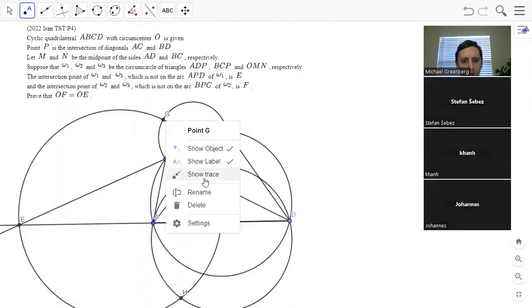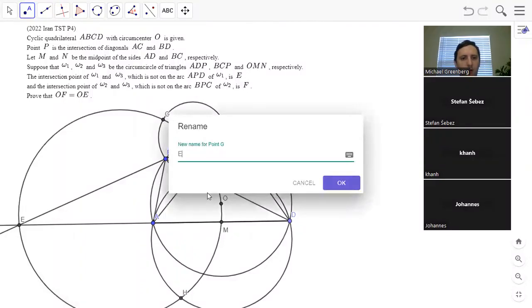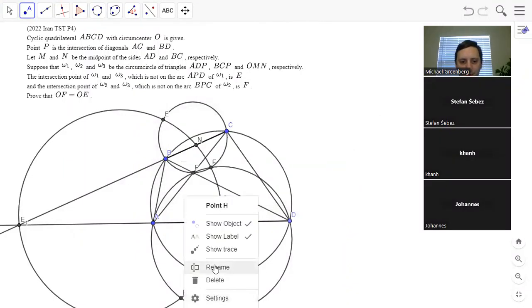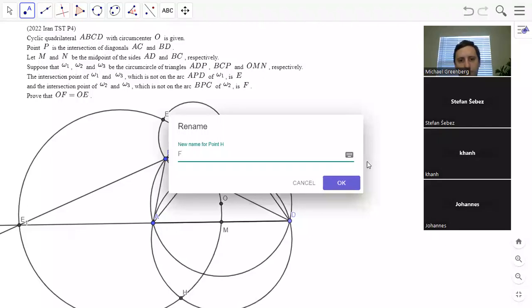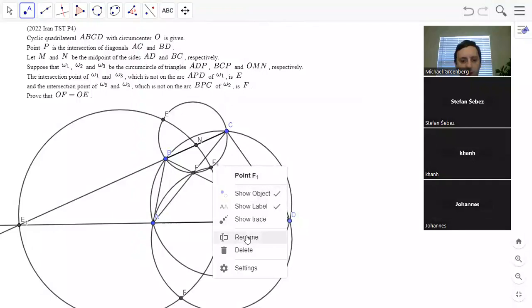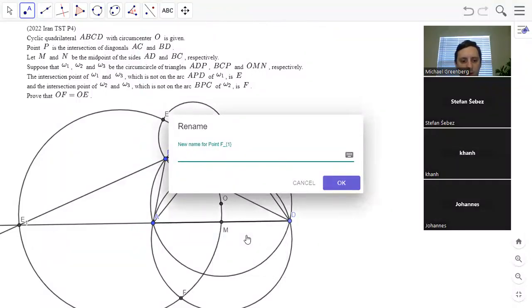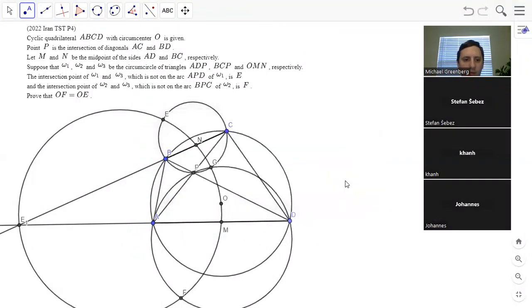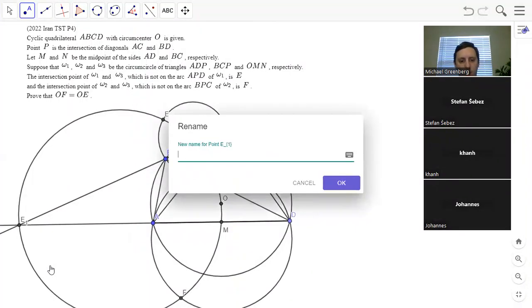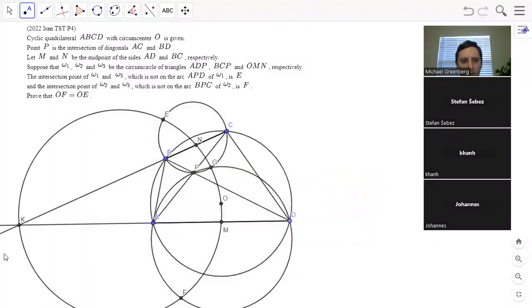This problem looks like it might be trivial by Miquel's stuff, but we'll see. F, we'll call this G, and we'll call this one K. So we just want to show that KO is an angle bisector of EKF.